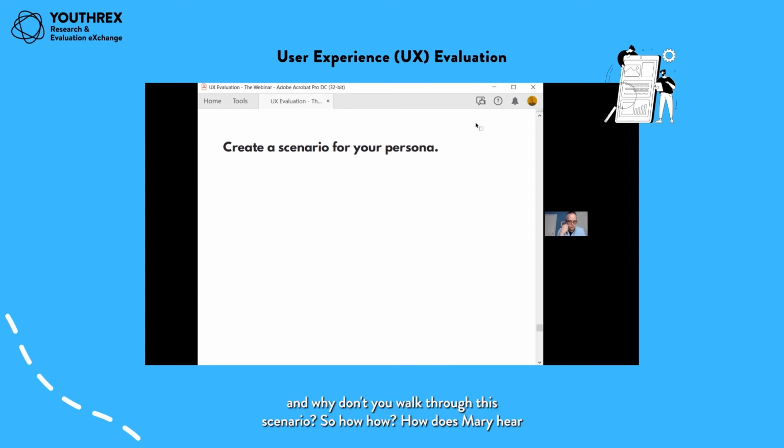So, why don't you walk through this scenario? How does Mary hear about your program, and what is her next step in terms of what she is going to need to do to engage with your services? The PO hears about us because we reach out to them through emails.